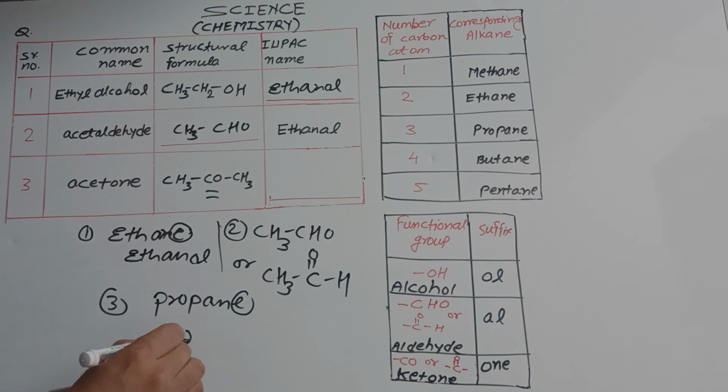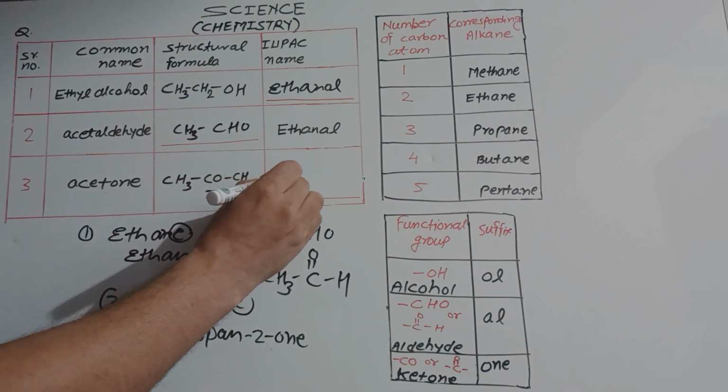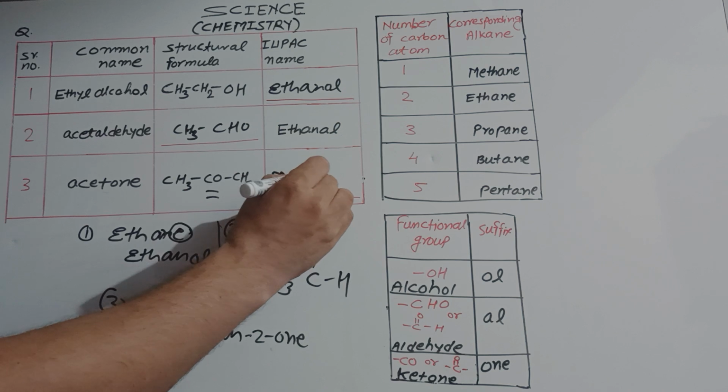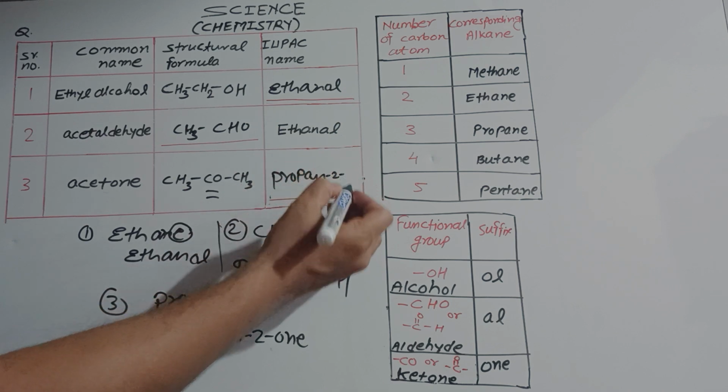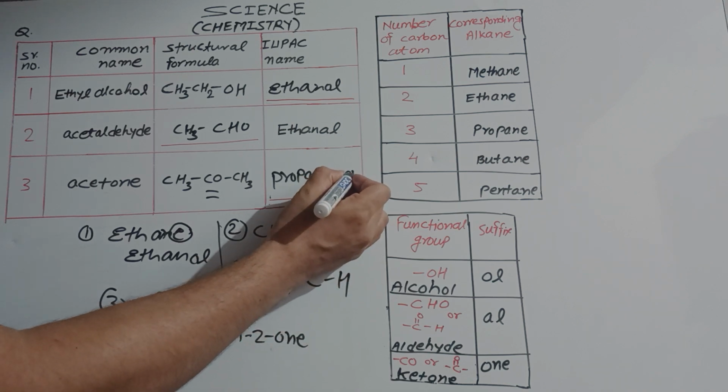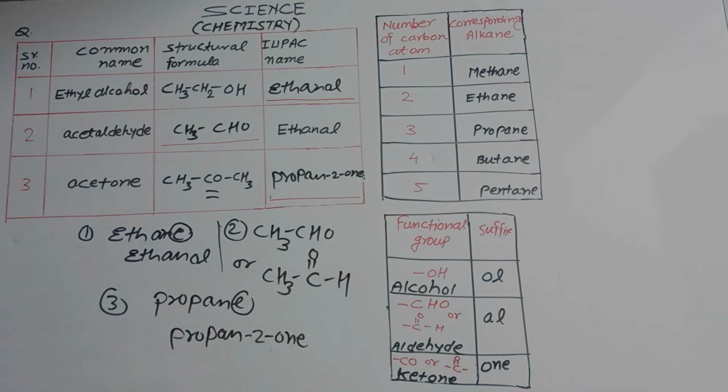So first we'll write propan, then indicate the position of the ketonic group by using a hyphen, 2, then the suffix ONE, that is propan-2-one. So this is the correct IUPAC name.